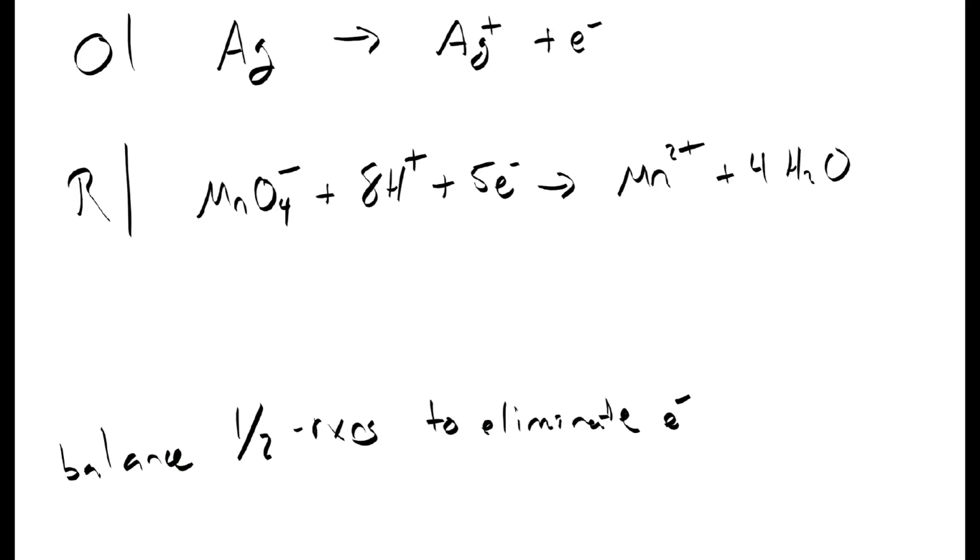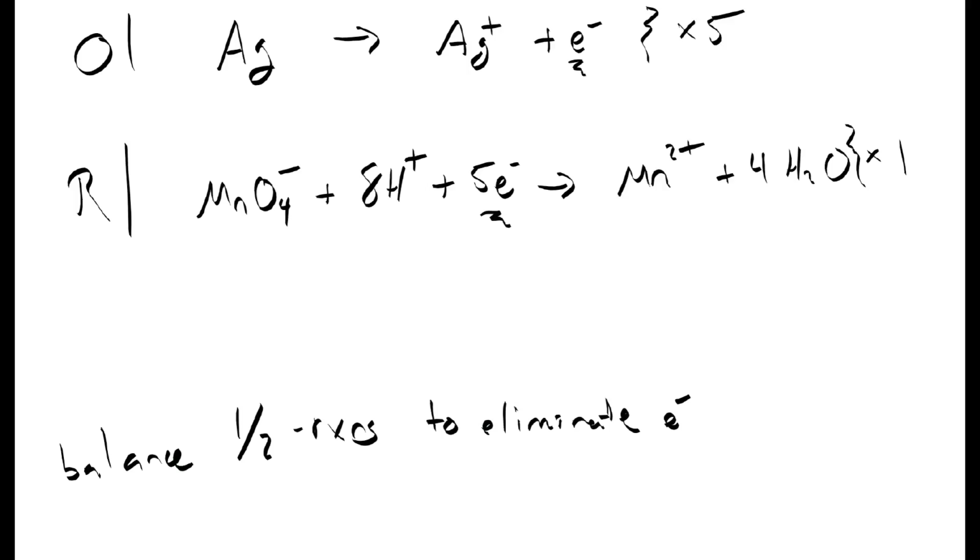Okay. So what we're trying to do is we're trying to get our electrons to cancel out and disappear. Redox reactions always involve the exchange of electrons in this way, but we don't want to see them. We want them to disappear, fade into the background, and never do anything. Okay. So what we have to do is we multiply this top reaction by 5, multiply the bottom reaction times 1.